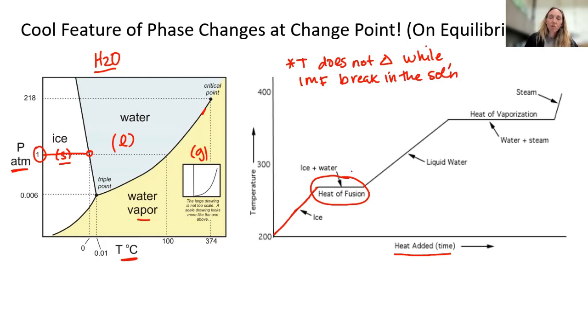And so this heat of fusion is for when we go from a solid to a liquid, we get a delta H value of fusion. Okay, so our temperature is not going to change as we sit at that line.